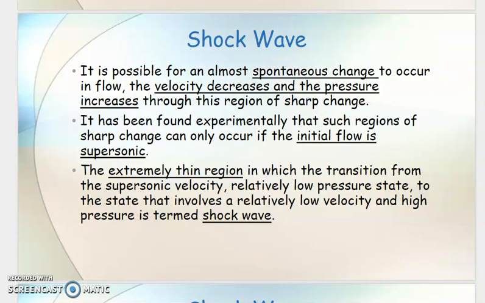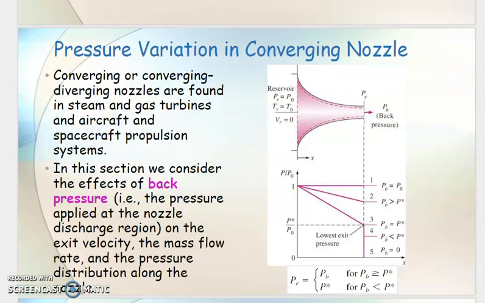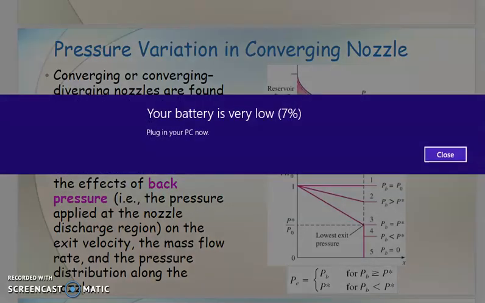So this is the pressure variation within the converging nozzle. Let me explain the converging nozzle first. What is back pressure? Imagine pipes in your bathroom. You open up the pipes and then you try to close the downstream of the pipe.